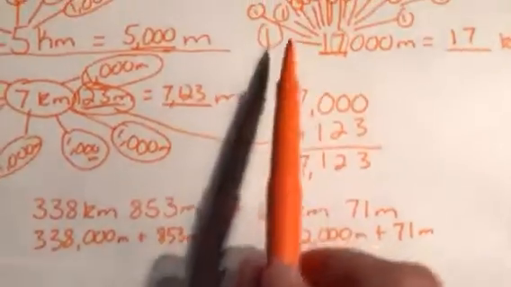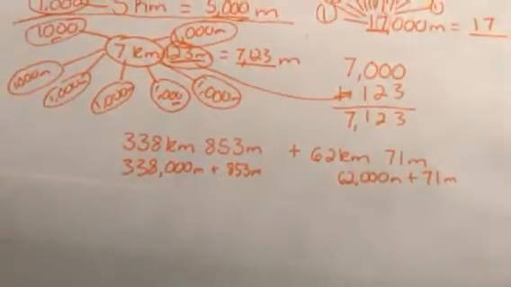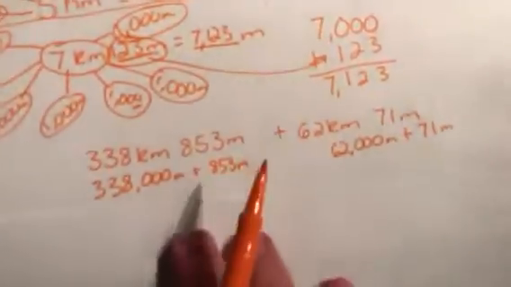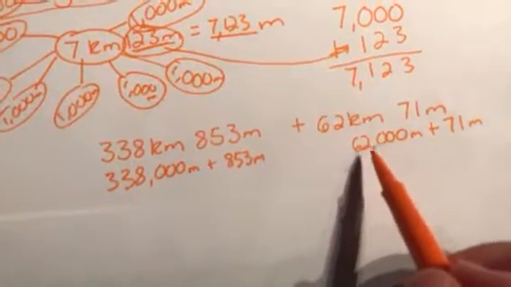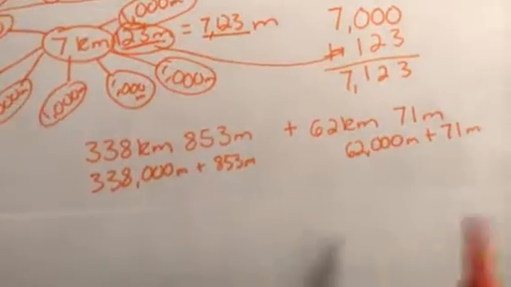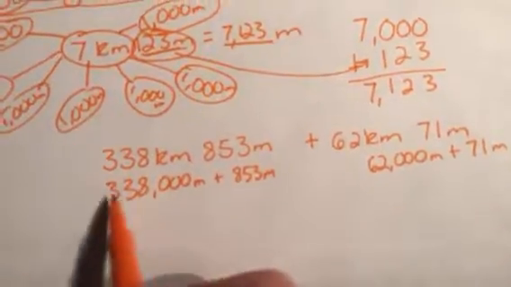Now, I could go up and I could draw a number bond to show each one of those, but hopefully we can move ourselves past and just know that this is going to be 338,000 meters and 62,000 meters. Okay, so we're going to add those together in little pieces. So we're going to start with this one right here.